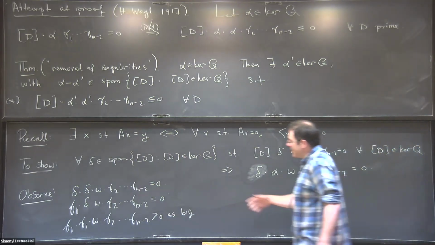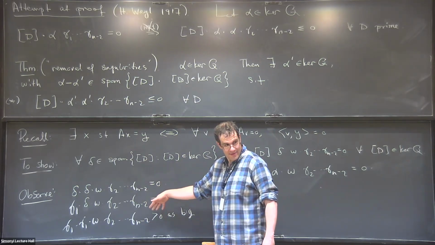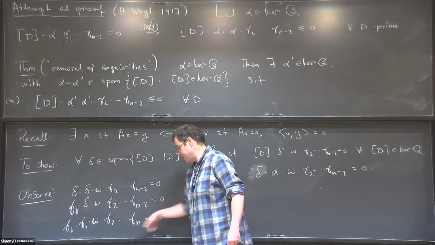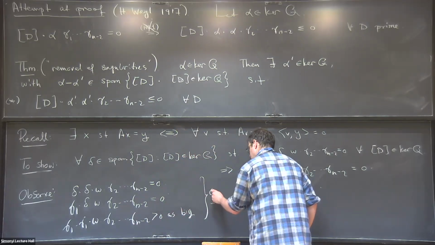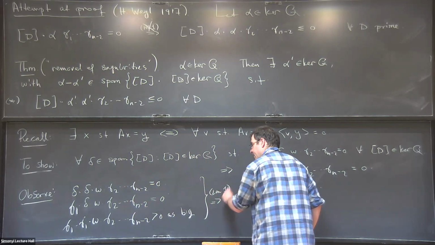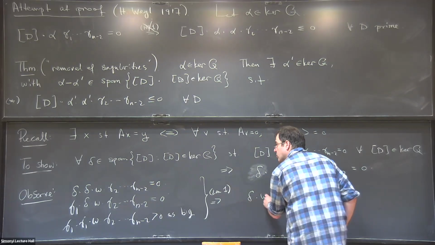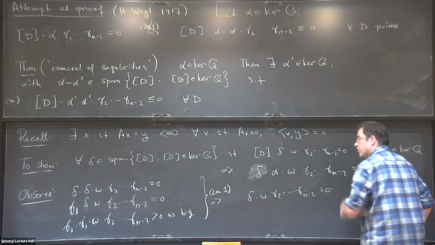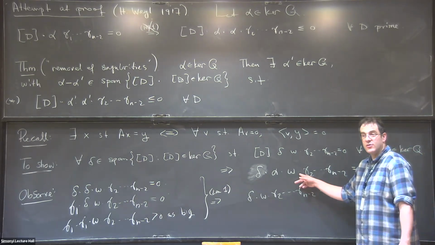So we have here another equality case of HR. Because this squared is equal to that times that. And this is positive. So by lemma 1, what this shows is that delta dot W dot gamma 2 to gamma n minus 2 is 0. And if I multiply this by alpha, I get this.